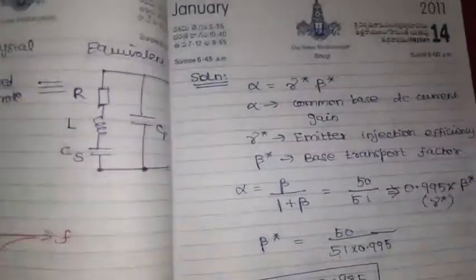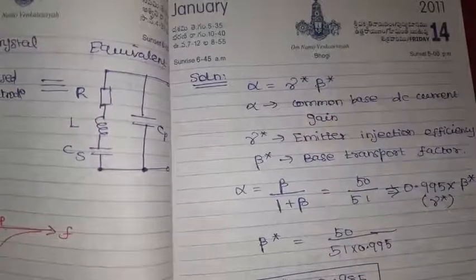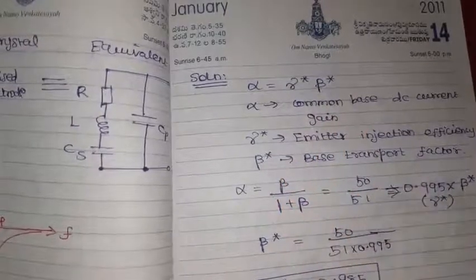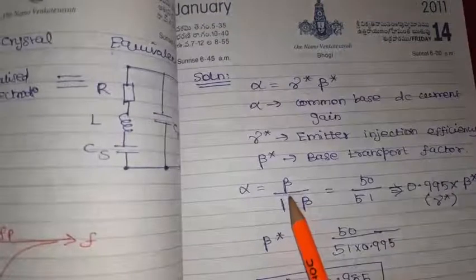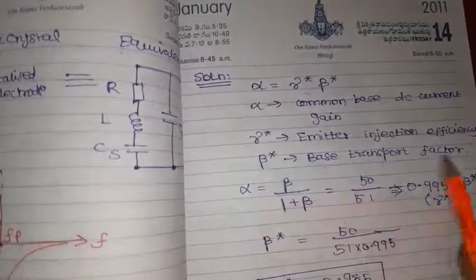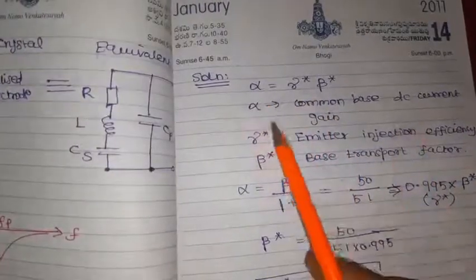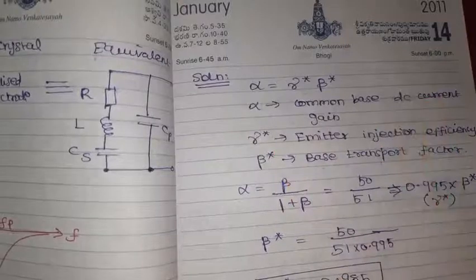Alpha is equal to gamma star into beta star. It is not just beta. Beta is different from beta star, where beta is the current gain, beta star is the base transport factor, and gamma star is the emitter injection efficiency. Alpha is nothing but the common base DC current gain.